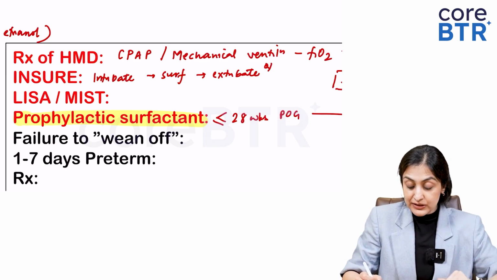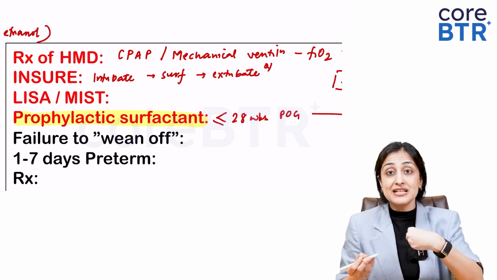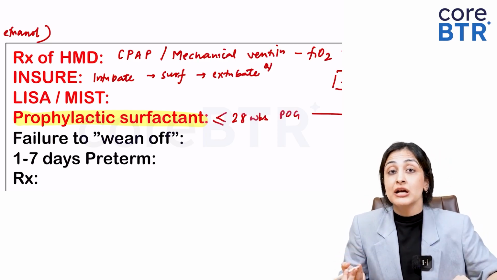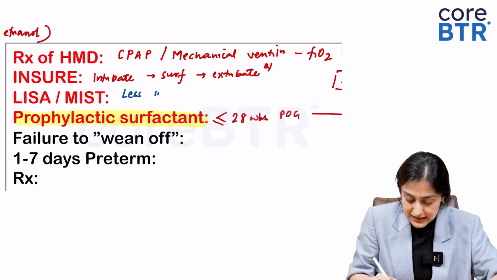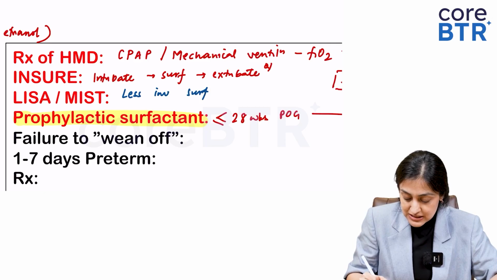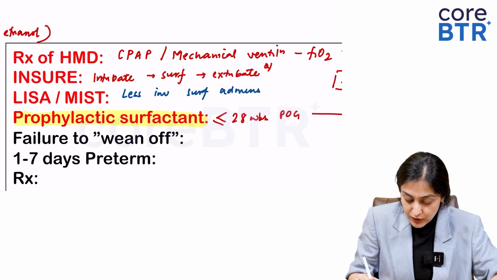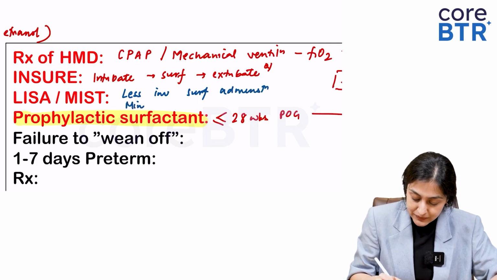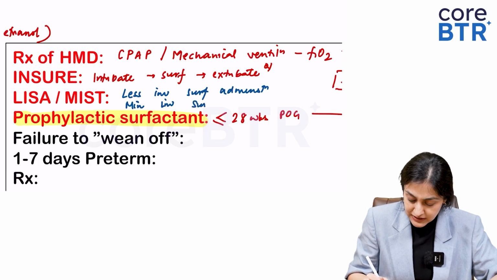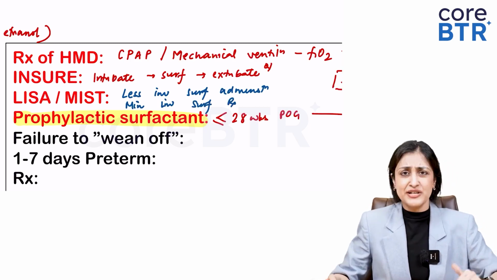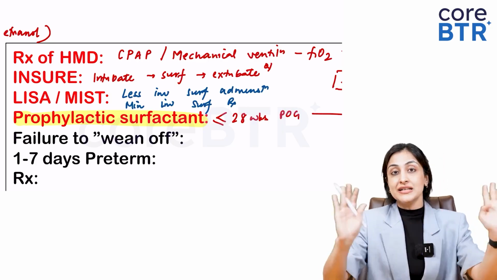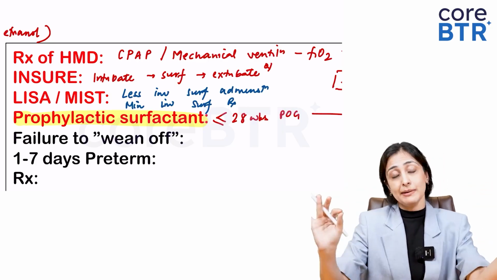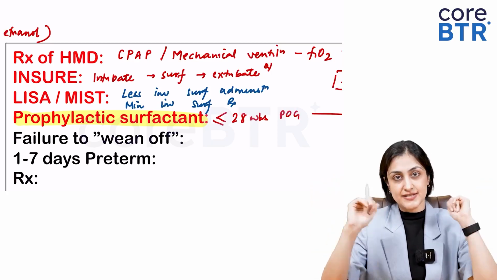And we have even faster methods where there is a nasal cannula through which you can put surfactant. That's called LISA, as the name suggests, less invasive surfactant administration, or MIST, minimally invasive surfactant treatment. Right, so very self-explanatory acronyms. Okay, so this is how we diagnose, treat and manage hyaline membrane disease.